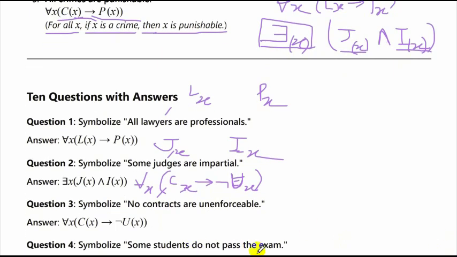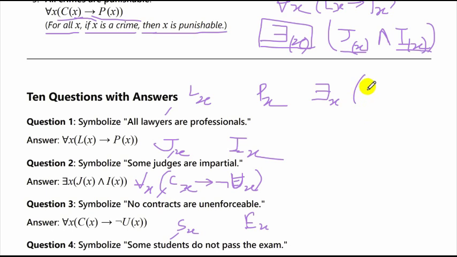Some students do not pass the exam. Once again, some students means there exists an x such that x is a student and does not pass the exam. So we can write Ex. Let's see the answer later on.